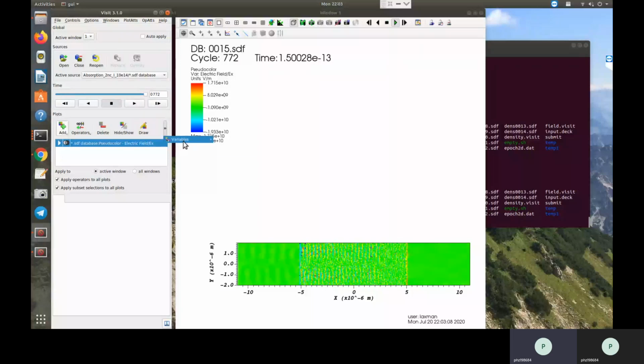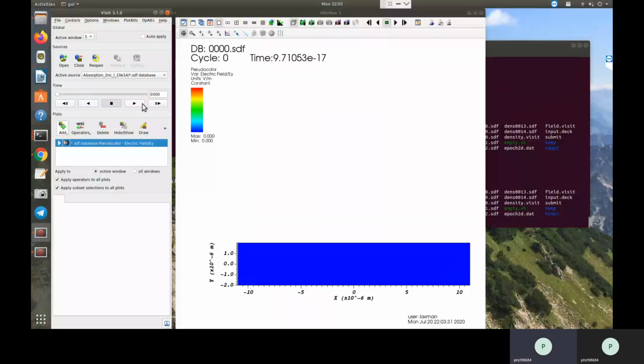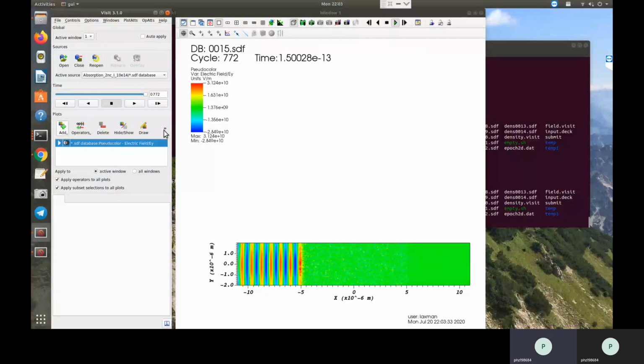And the Y component field we can also draw. So it will be like this. There will be much more reflection. And if we plot the electric field along Z, it will also be like this.